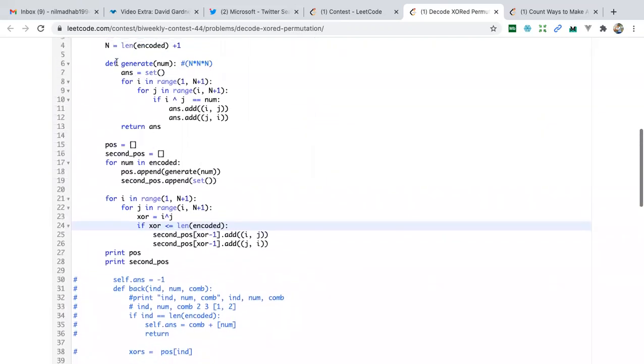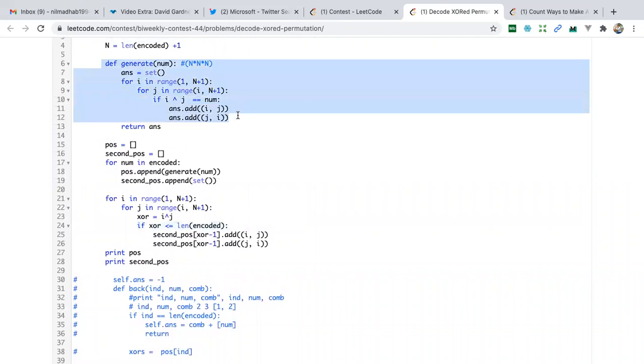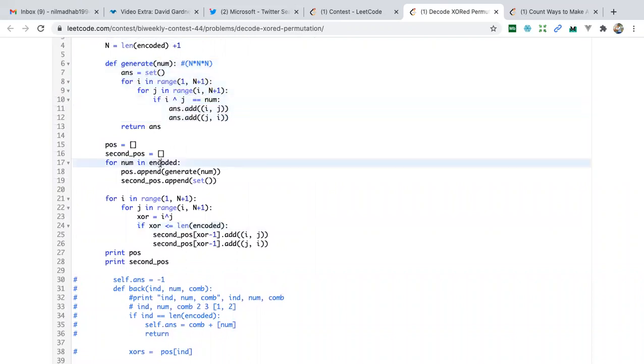I'm just trying to optimize generate number. So for number in encoded, we are generating this number, right?